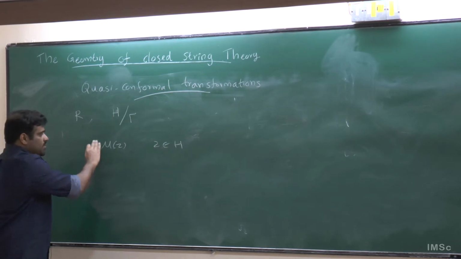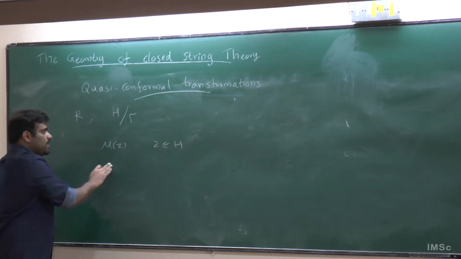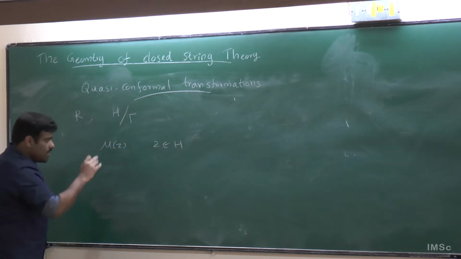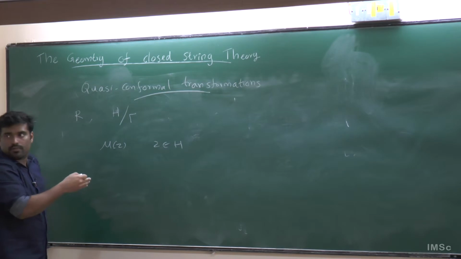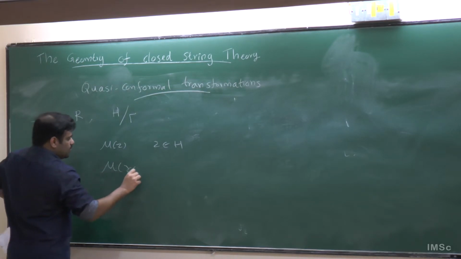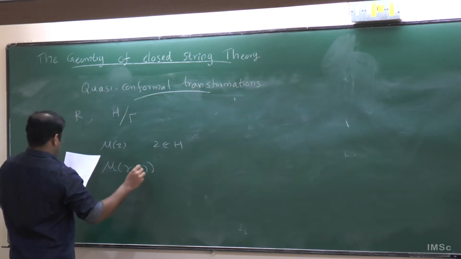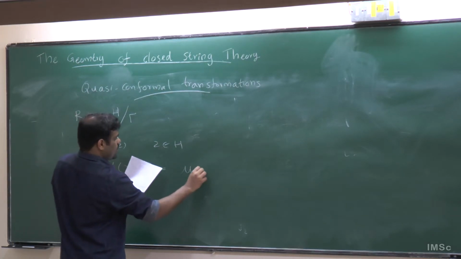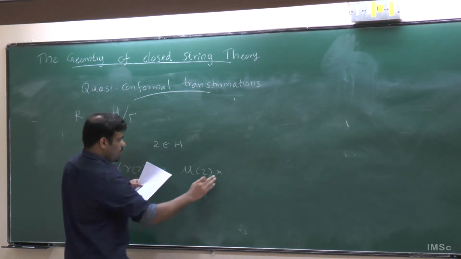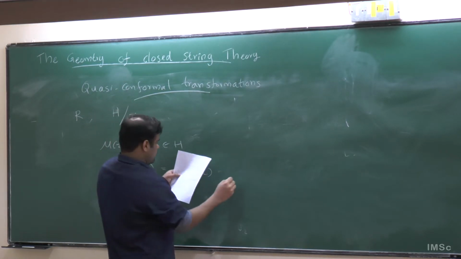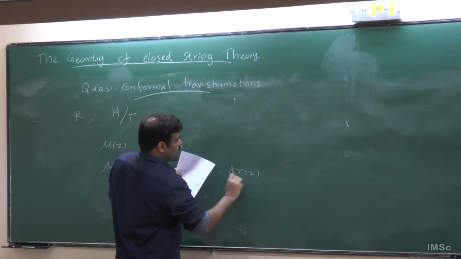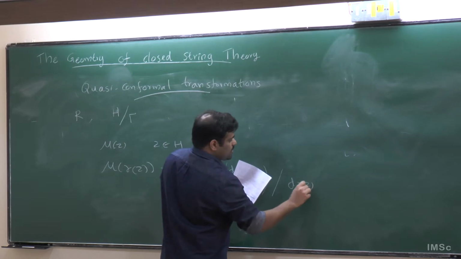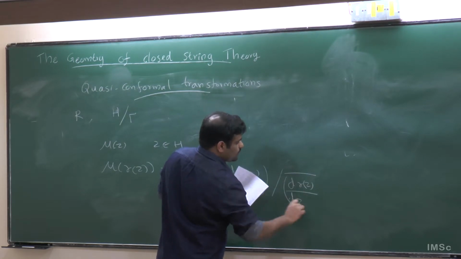This object is called a Beltrami differential on the upper half plane with respect to gamma only if it has a specific transformation property. So mu of gamma C must be equal to mu of C multiplied with some transformation factors, d gamma C bar by dC divided by d gamma C by dC.